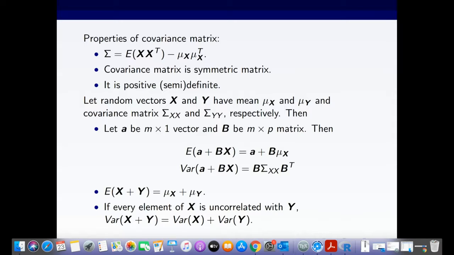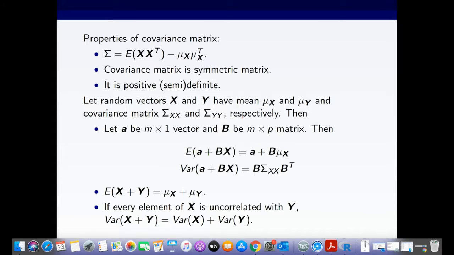And then the expectation of x plus y is mu x plus mu y. So you can decompose the addition into two separate expectations in this vector case.